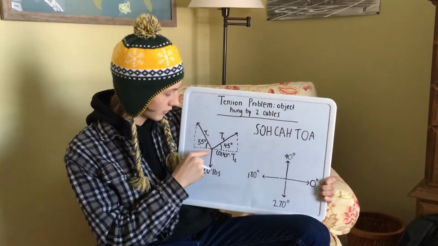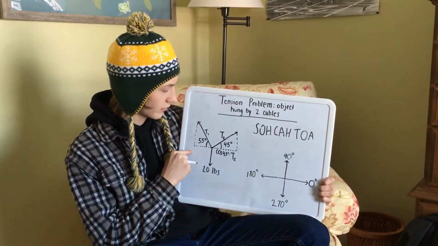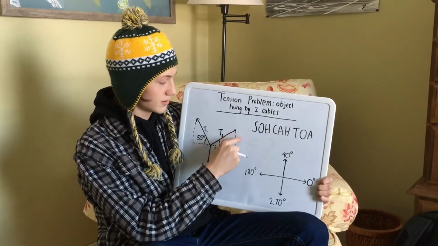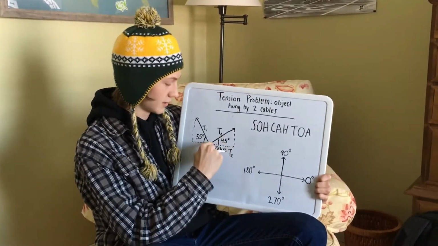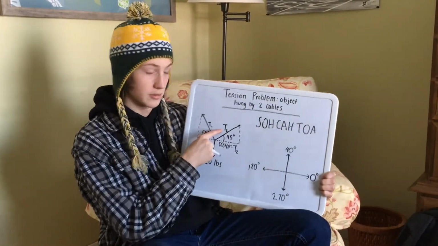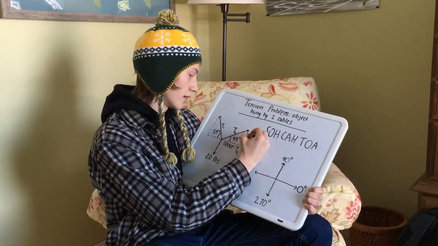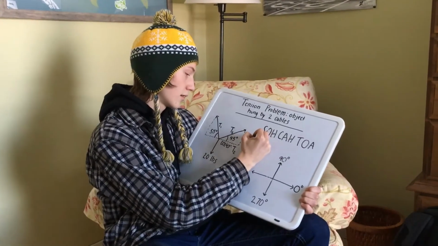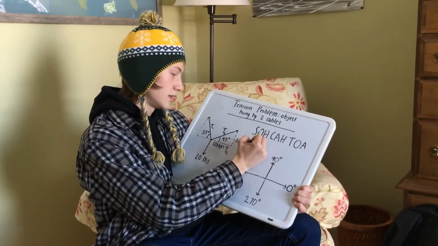Then, to find the other part of the triangle, you use sine, because sine is opposite, so opposite of the angle, times the hypotenuse, which is T2. So, therefore, sine of 45 times T2.